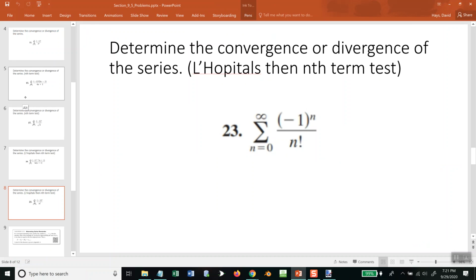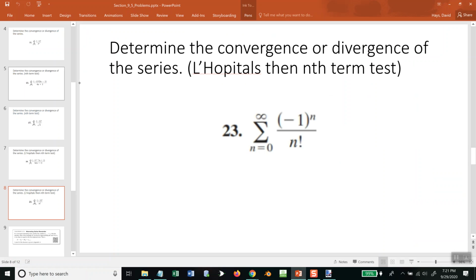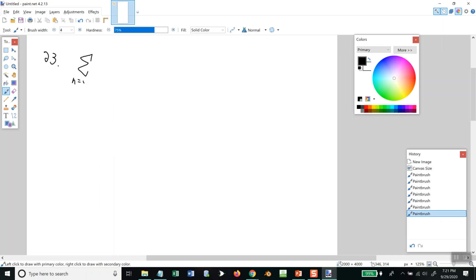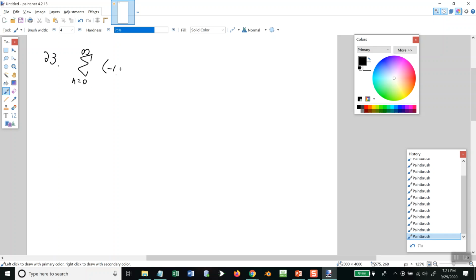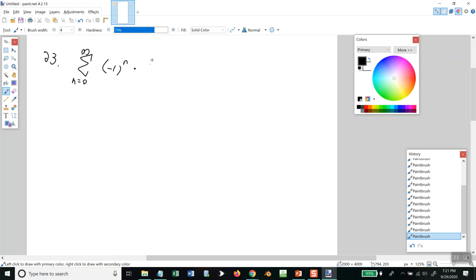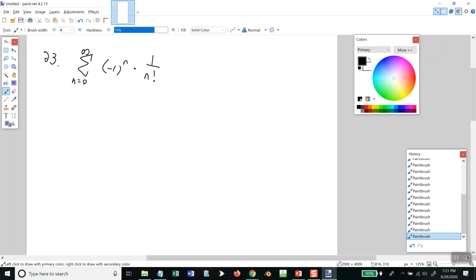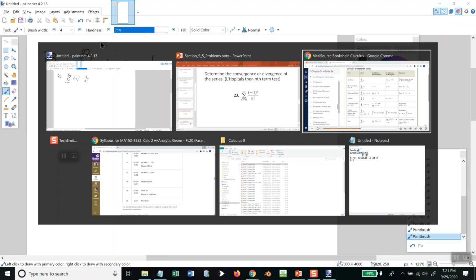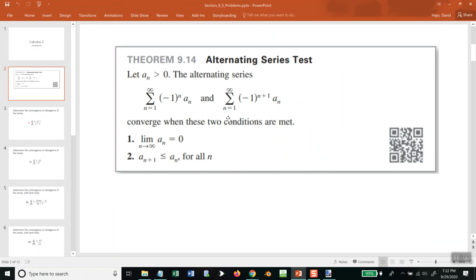Okay, number 23. Now that is a good point, what you just said, because our rule actually says n equals 1. So the question becomes, what's happening at n equals 0?